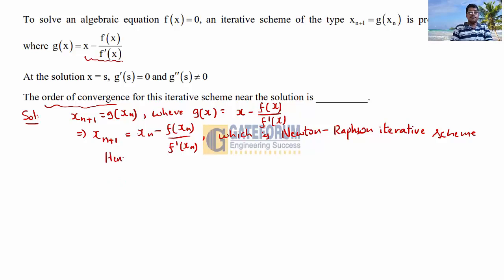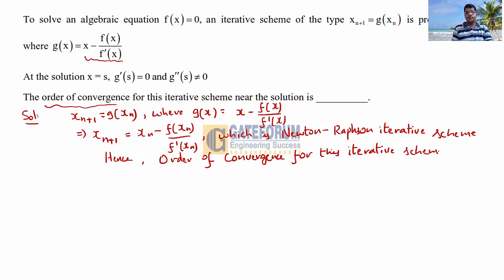Hence, the order of convergence for this iterative scheme near the solution is quadratic, that is 2.